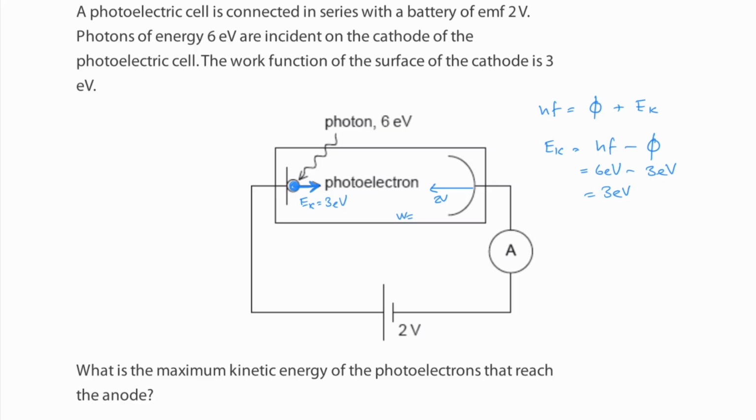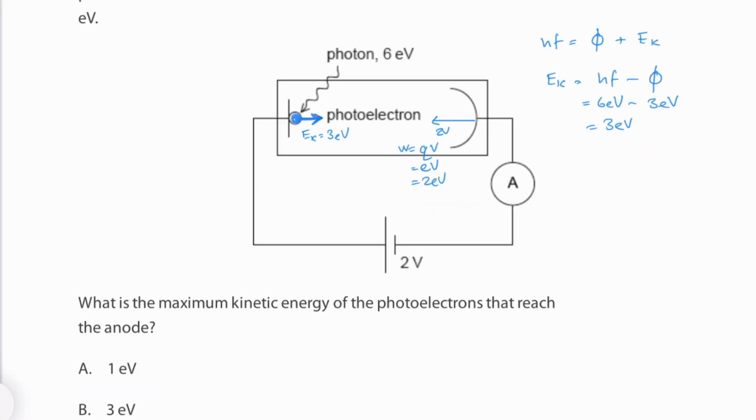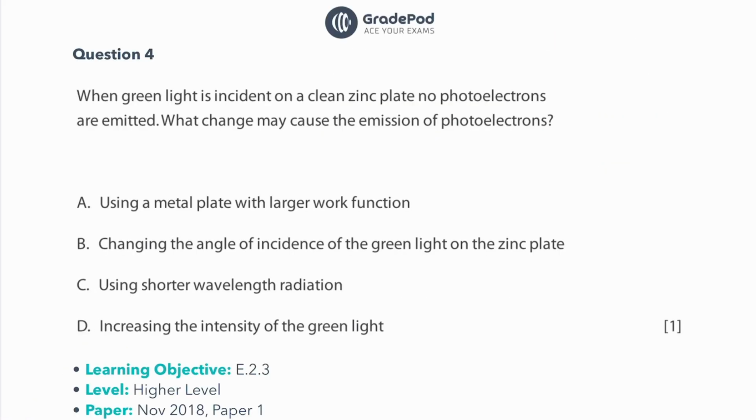Work done is equal to QV, and the charge on an electron is e, so it's e times V, which is 2 eV. So of the kinetic energy of 3 electron volts, 2 electron volts of work is being done on it by electric potential energy. So it's only left with EK equals 1 electron volt. The answer is A. Question 4.